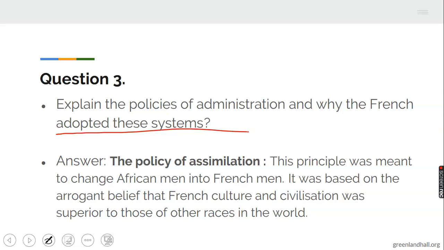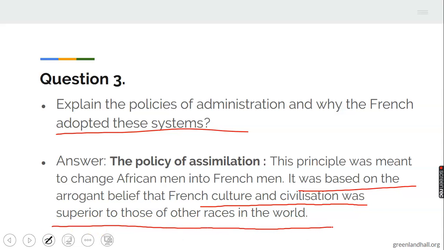They wanted the African men to behave like them, to reason like them, to just be like them in all aspects. It was based on the arrogant belief that French culture and civilization was superior to those of other races in the world.